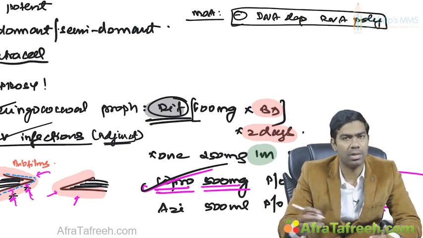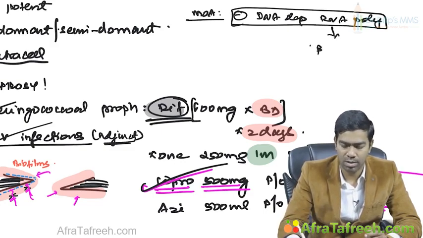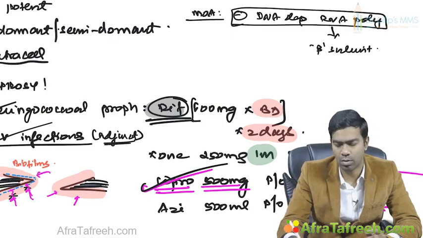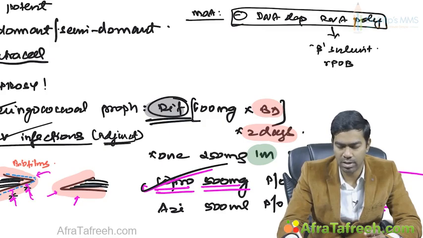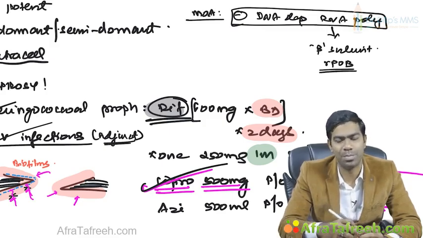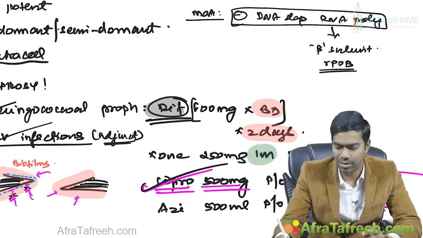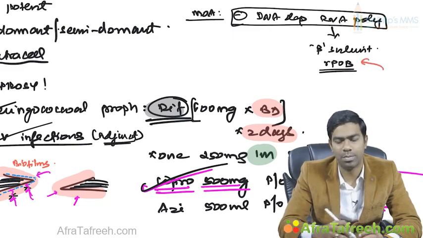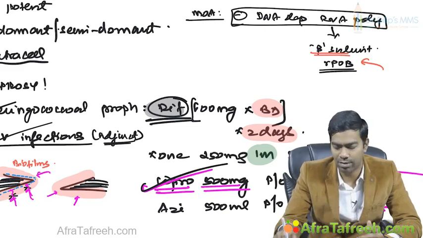This has multiple subunits, but one of the subunits is the beta subunit. Why am I telling you about this beta subunit? Because it's coded by a gene called the RPOB gene. And why should I tell you about the RPOB gene? Because rifampicin binds to the beta subunit of the DNA-dependent RNA polymerase, coded by the RPOB gene. That's how it inhibits the action of this enzyme. That's why it reduces the activity of this enzyme.